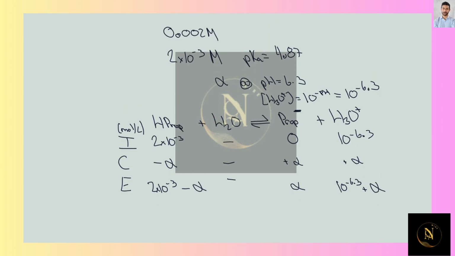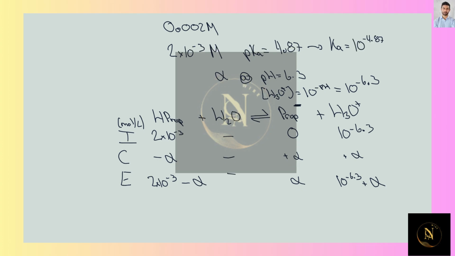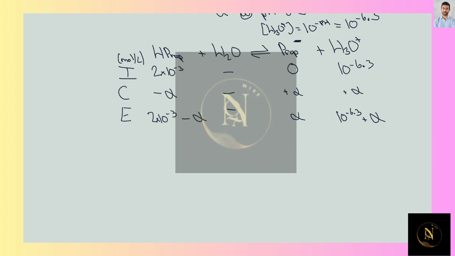Now, because of the pKa, we know that the Ka for this reaction is equal to 10 to the minus 4.87. So we can write our equation for Ka, which is equal to the concentration of propanoate times the concentration of H3O plus divided by the concentration of propanoic acid.